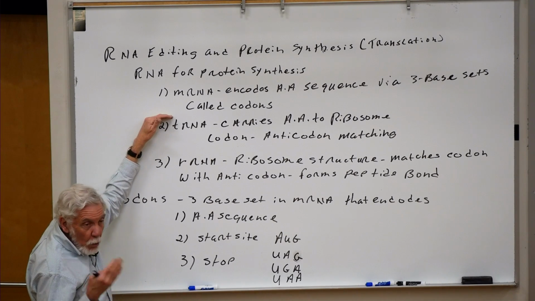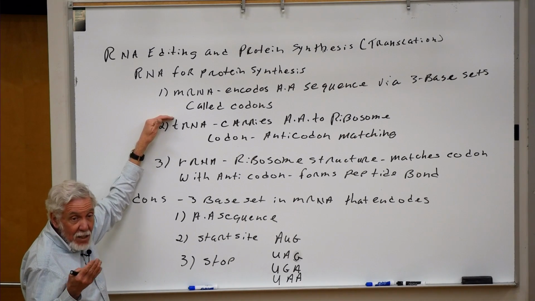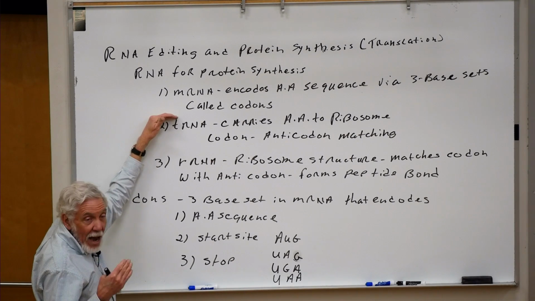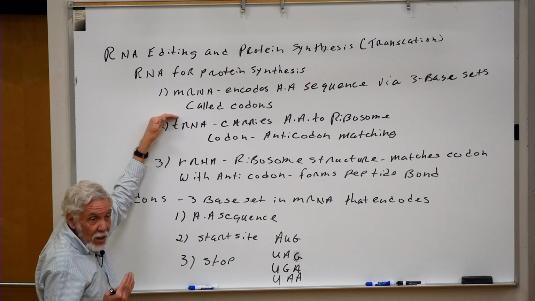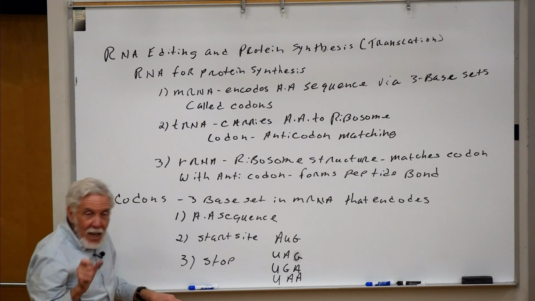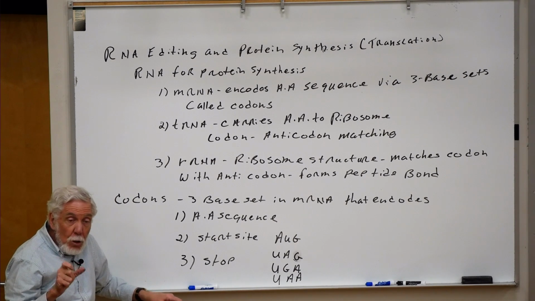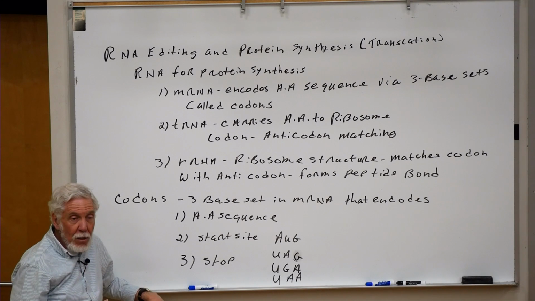Well, we don't live in a world of 16 amino acids. Maybe there's another place that does that, but we don't do that here. We have 20 amino acids. So using a 2-base set on the mRNA isn't sufficient to account for the total number of amino acids we have in our biological molecules.